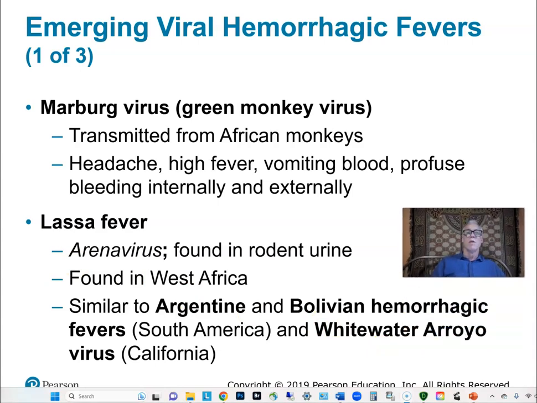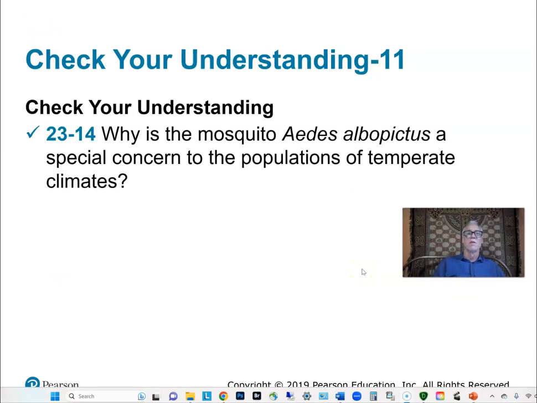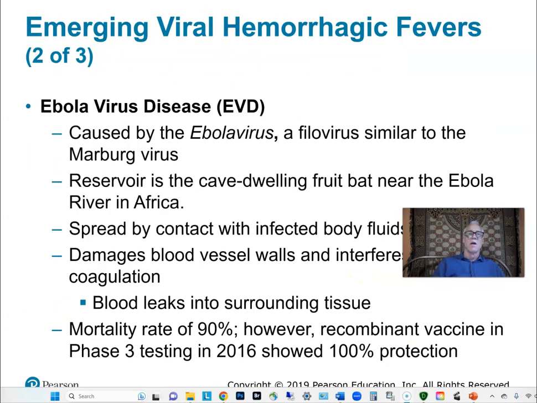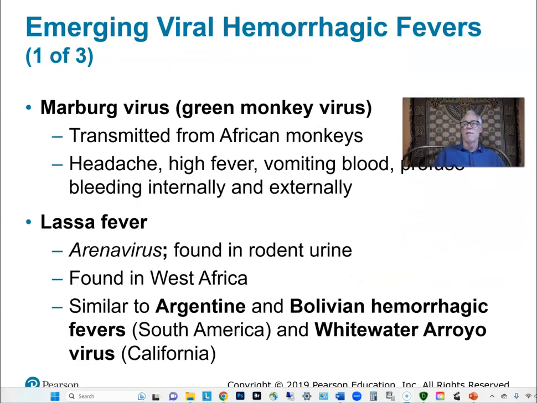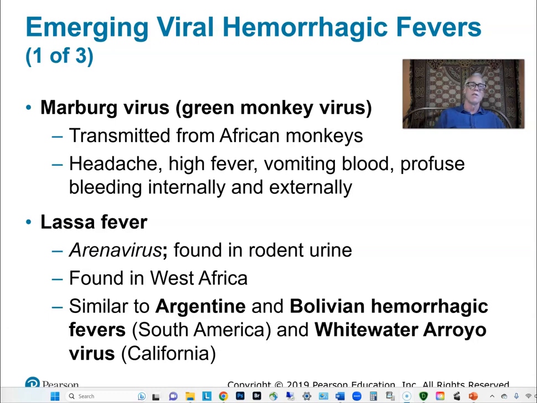All right, emerging viral hemorrhagic fevers. Marburg virus is almost exactly the same as Ebola virus, and I'm a little surprised they make them out to be such separate diseases. But anyway, Marburg virus is thought to have originated in African monkeys.